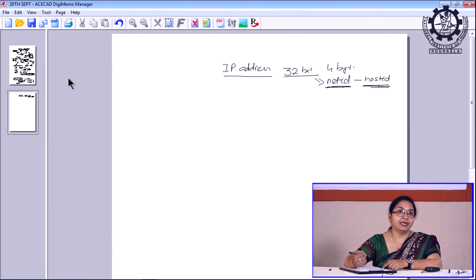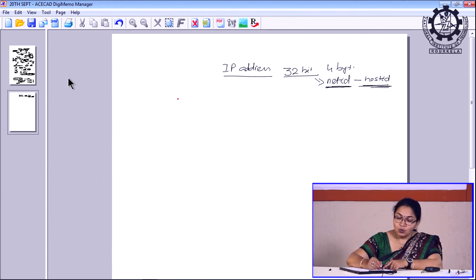It's like identifying a student by the hall where he is present, and within the hall, the room number. So there are two addresses to identify a host, because the searching time of a host will be minimized if it is identified hierarchically.